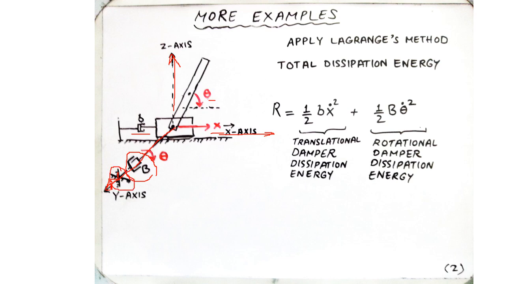So one end of the rotational damper is fixed, the other end is connected to the pivot, which is the center of gravity of m1, and it is a pivot about which the pendulum bar shall rotate with an angle theta.